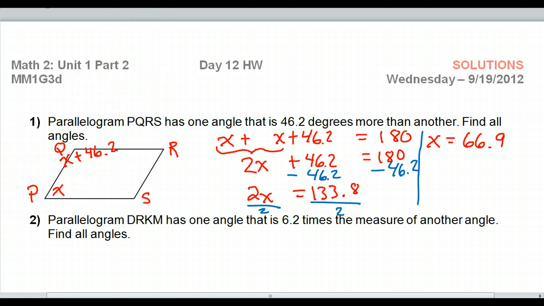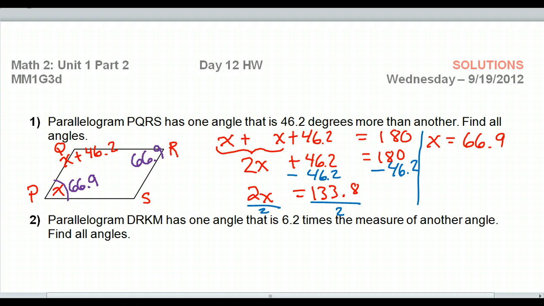All right, now in terms of this parallelogram, we now know that this angle is 66.9. All right, which means this angle is also 66.9. Remember, the other angle is supposed to be the first angle plus 46.2. It's 46.2 more.